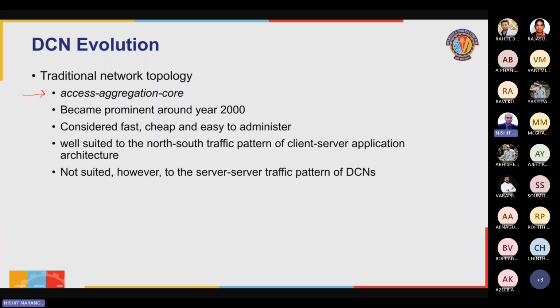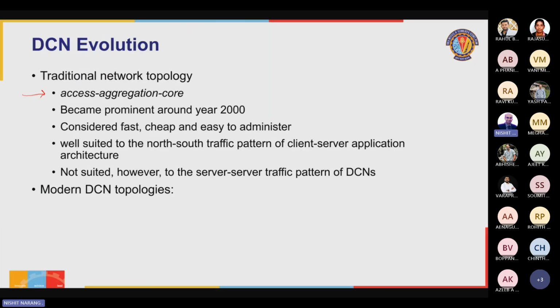That was a big change, because the existing network topology, which was built to cater to north-south traffic, could no longer cater to this evolved scenario where server-server traffic was much more than north-south client-server traffic. So we evolved gradually from access aggregation core to the modern DCN topology that we have today.